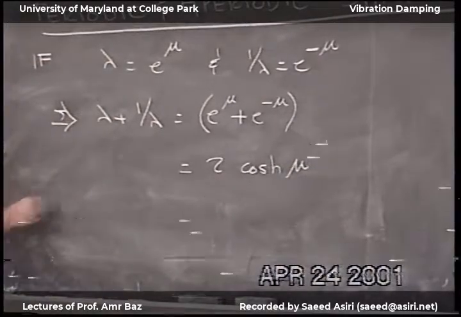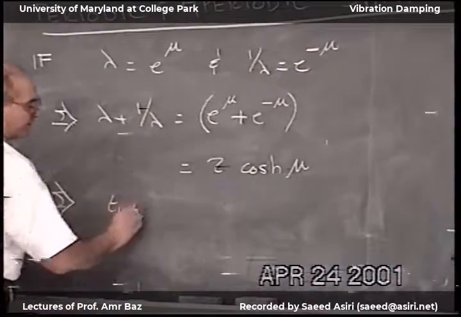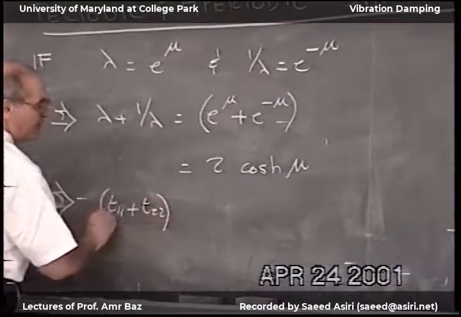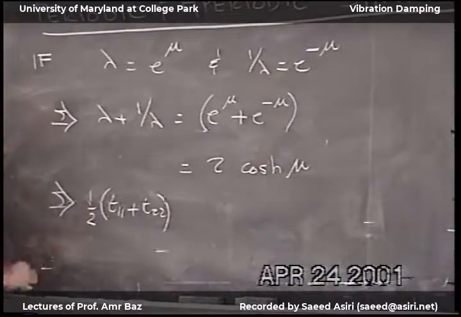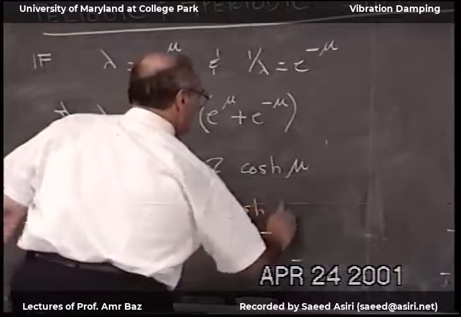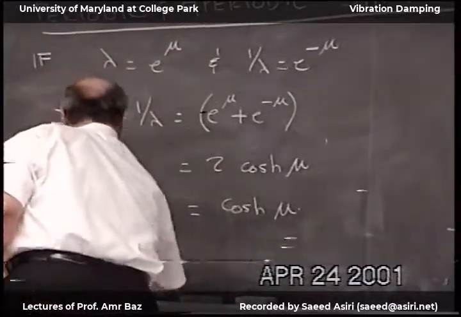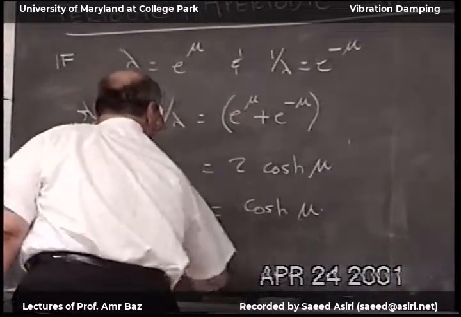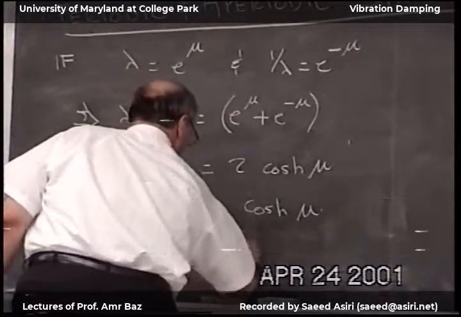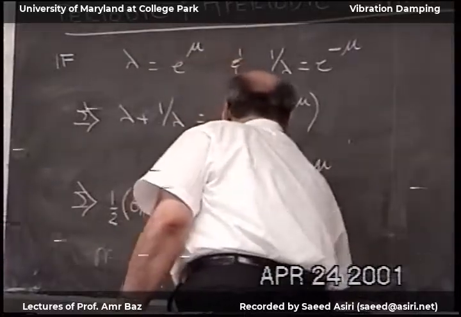Then now T11 plus T22 over 2 is equal to cosine mu, or mu is equal to cosine inverse of one half of T11 plus T22.